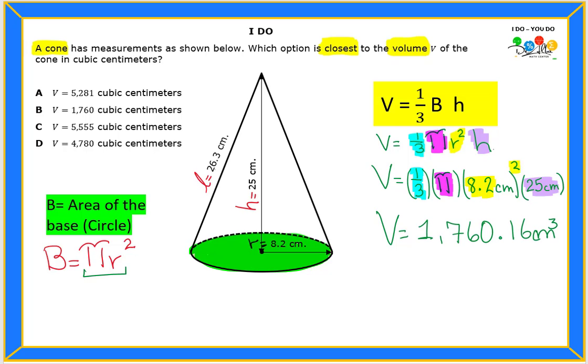It's cubic centimeters, right? So this is the volume that I found. And if you look at the answer choices, there might be one that is the closest to that, right? And that would be letter B, you're right. Notice how all the other answer choices are kind of far away.